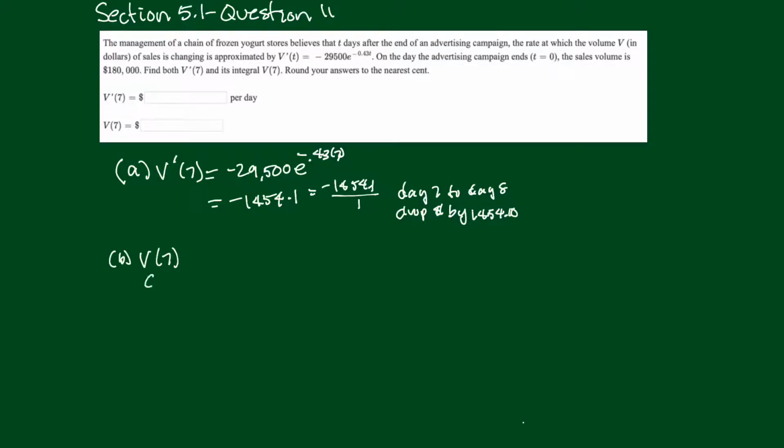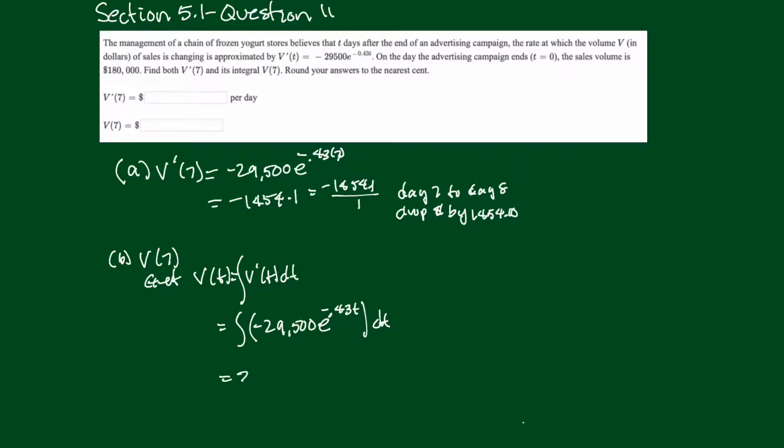Now for the second part, we actually want to find V of 7. So we need to get V. What we know is this: V of t is the integral of V prime of t dt. So we want to take the integral of negative 29,500 e to the negative 0.43 t dt.